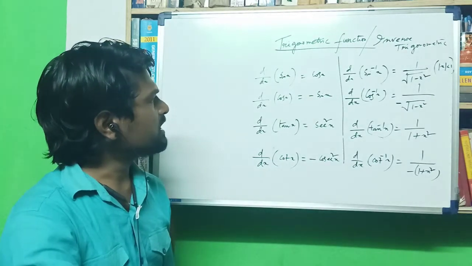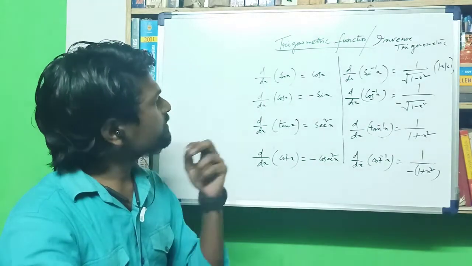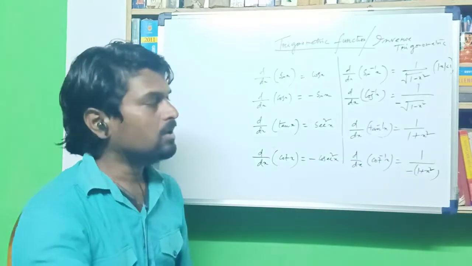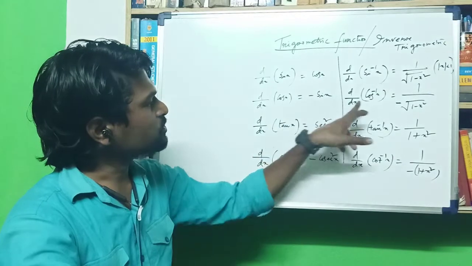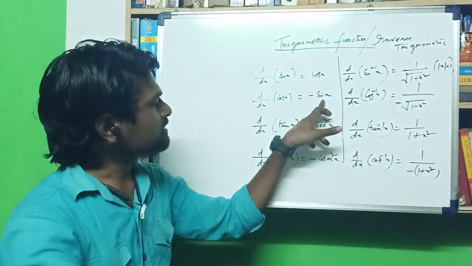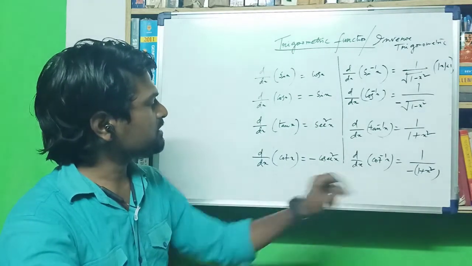These are the comparisons, and when the co is related with a particular function, co meaning cosecant or cotangent or cosine, then it is a minus. So cos inverse x is minus, cos x is minus, cot x is minus, cot inverse x is minus.